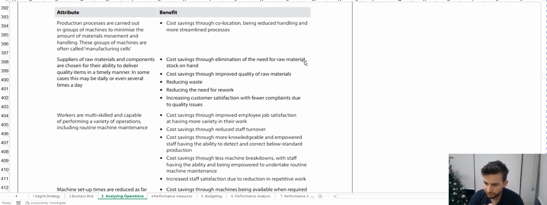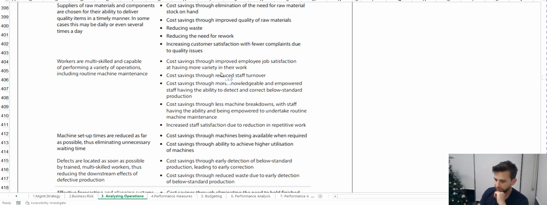So in a situation where the supplier holds raw materials and components chosen for their ability to deliver quality items in a timely manner, there's going to be cost savings, first of all, from the elimination of raw material stock on hand, because you're going to reduce that. COGS savings will likely improve. It's going to reduce waste. It's going to reduce the need for rework in the instance something changes. And it increases customer satisfaction with fewer complaints due to quality issues.